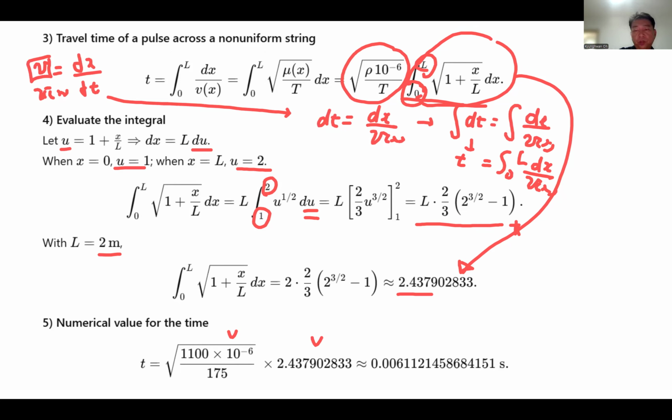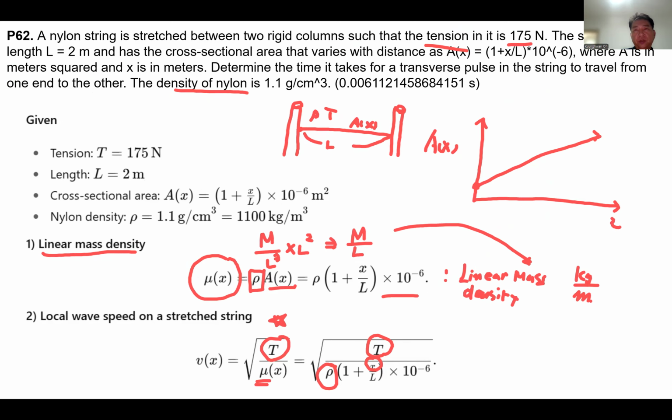So in this problem, the important thing is that, first, the system is providing a position-dependent linear mass density. And then by the formula for the local wave speed on a stretched string, you get the square root of the tension divided by the linear mass density.